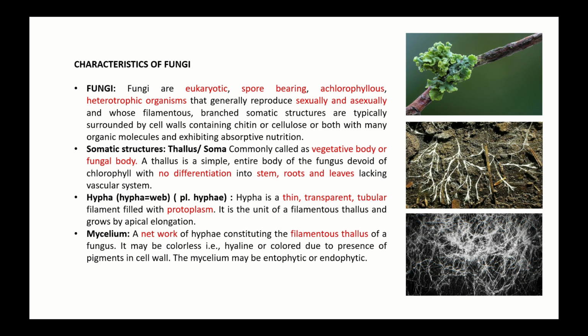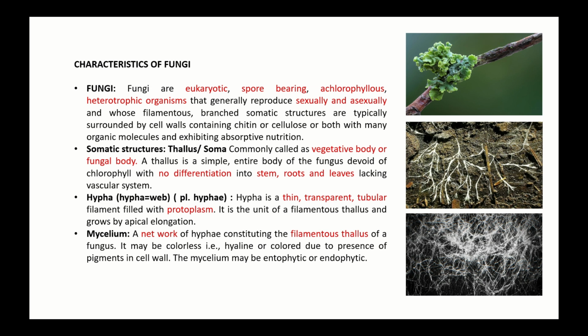What do you mean by fungi? What is its definition? It is a eukaryotic, spore-bearing, achlorophyllous and heterotrophic organism. It reproduces sexually or asexually. What do you mean by eukaryotic?